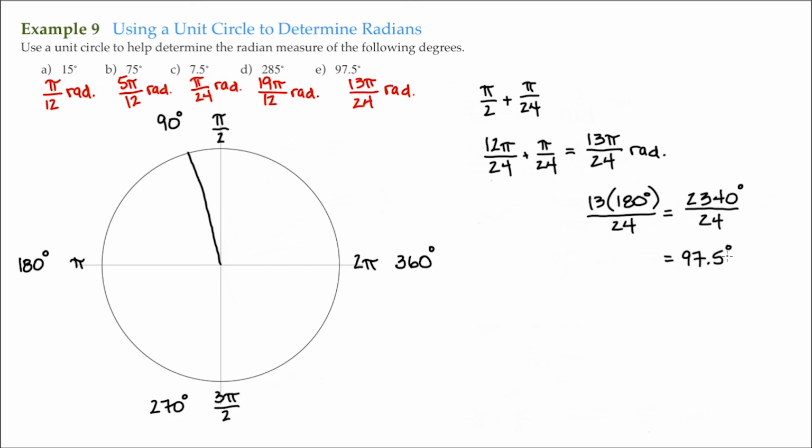So here we simply use our understanding of these measures that we know and use some simple division, multiplication, and addition to come up with other degree measures. And there you go.